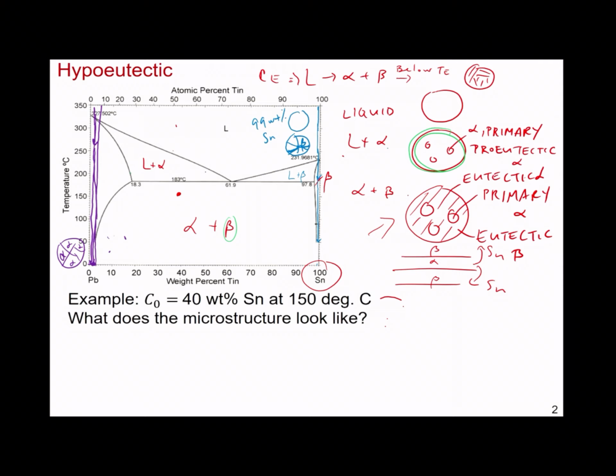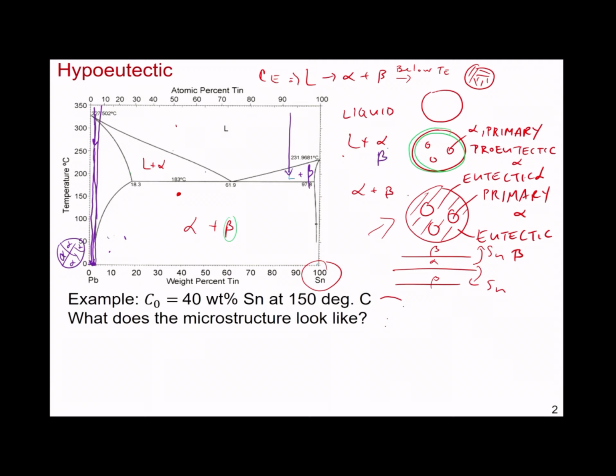Yes, question? If we go through liquid plus beta, is it analogous to liquid plus alpha? The answer is yes. I'm running out of color, so I'm going to stick to purple. If I'm in this region, I get liquid plus beta, but beta specifically is proeutectic beta, or primary beta.